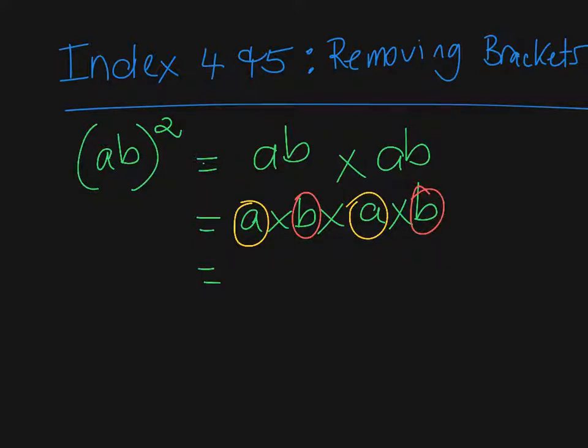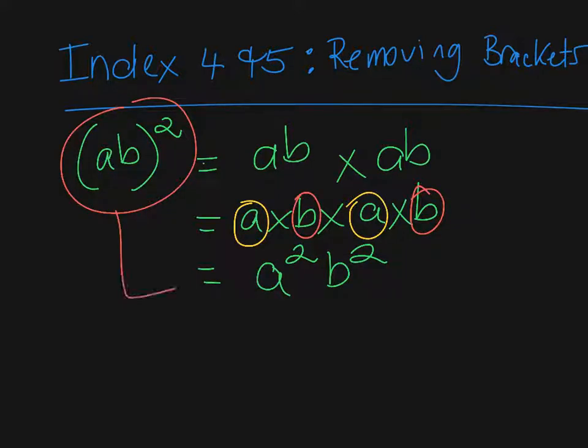So to simplify this would be A to the power of 2 and B to the power of 2. So essentially what we've done is we've taken this equation, removed the brackets, and this is what we've ended up with. So that's index 4.